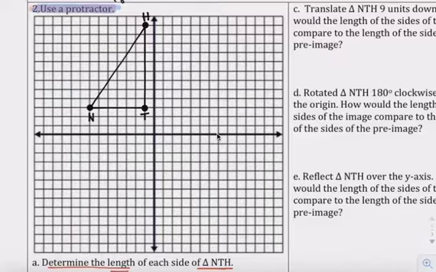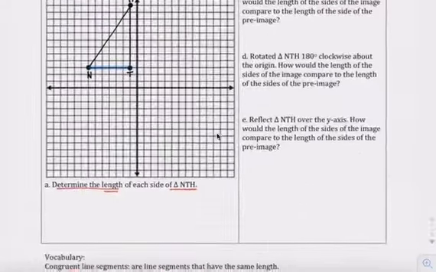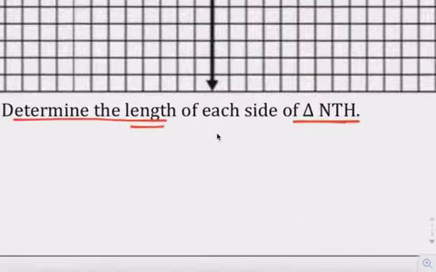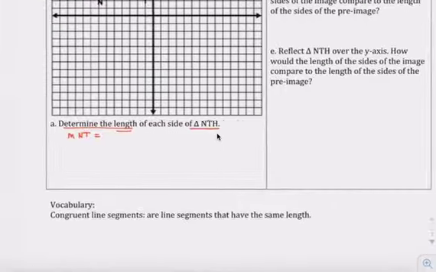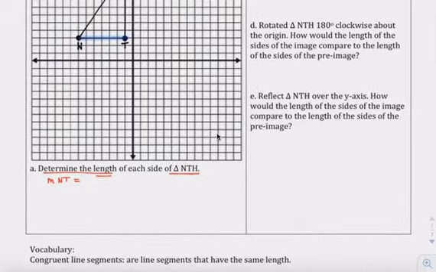And then let's measure NT first. Let's say the measurement of NT equals, M stands for the measurement.